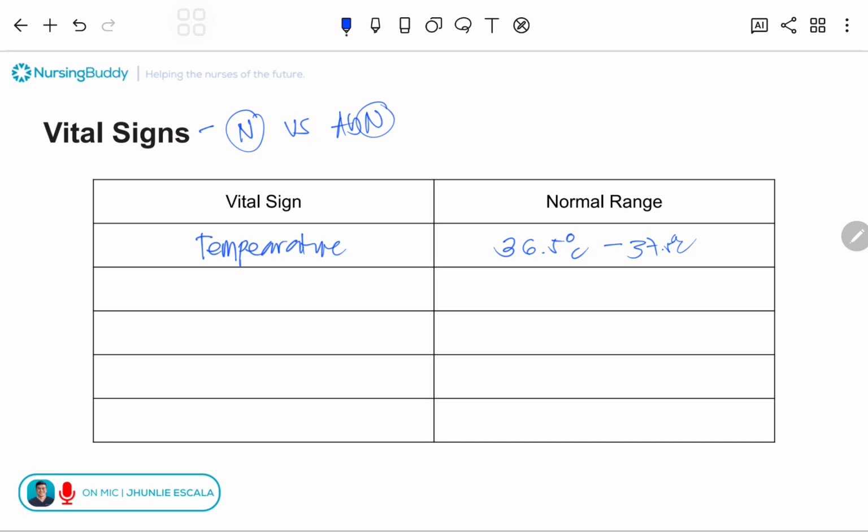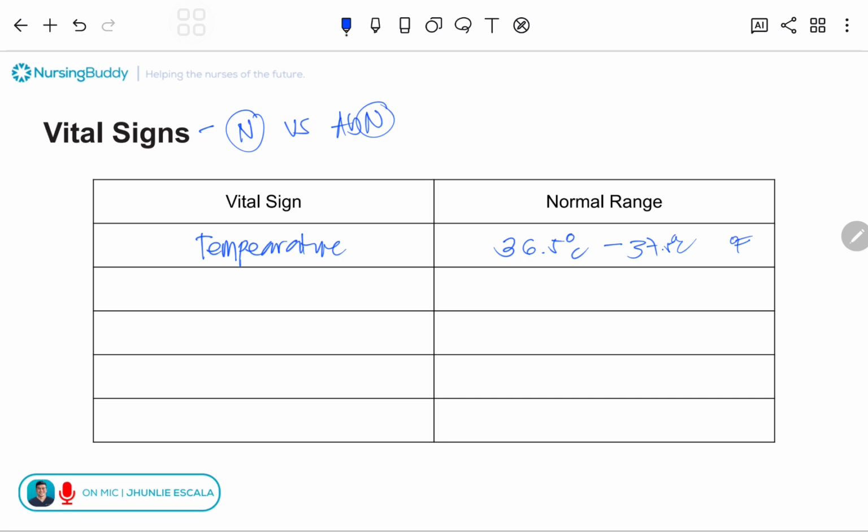However, the difference between the Philippine Nurse Licensure Examination and the NCLEX is that in the NCLEX, the normal range of vital signs, and even the laboratories, is given. That's why it's quite different in the PNLE, because it's not given. And aside from that, what's being used in the United States is degrees Fahrenheit.